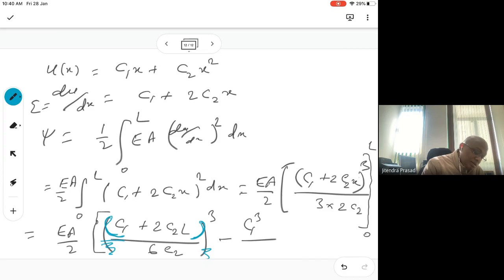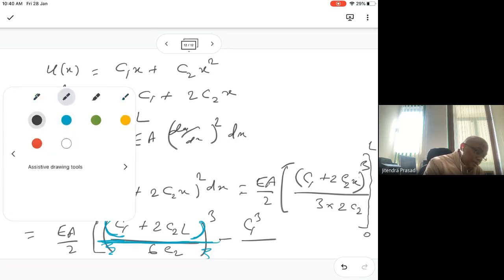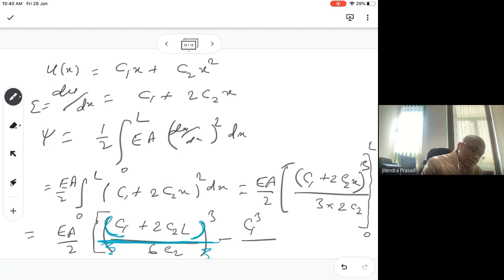So it should be like this, okay? 6. So you have C1 cube divided by 6C2 again. Yeah, 6C2. Okay, that's it.